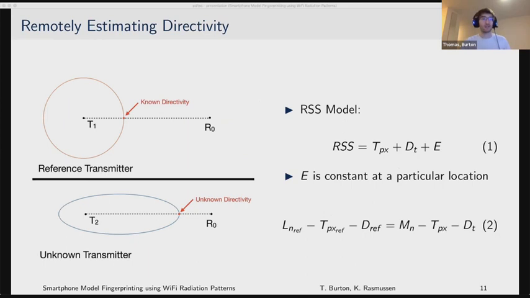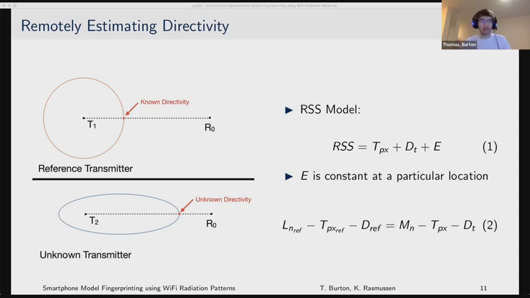RSS is a combination of transmission power, TPX, directivity of the transmitter in the direction of the receiver, so that's DT, and finally the effects of the environment. This includes things like path loss, slow fading, and directivity of the receiver, but importantly, for a particular location, E is constant.